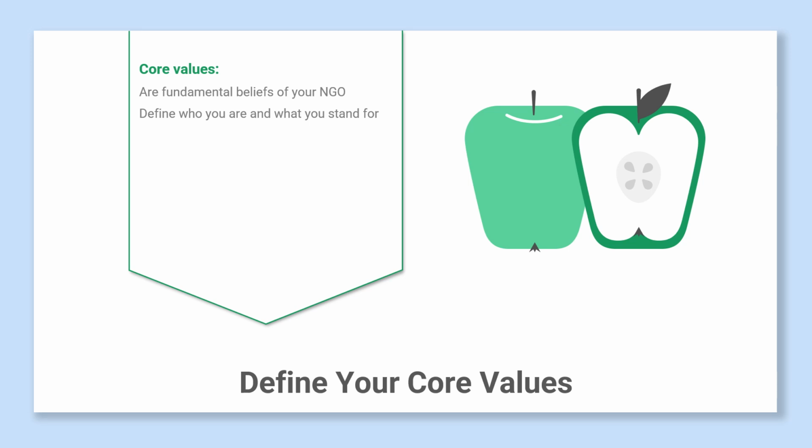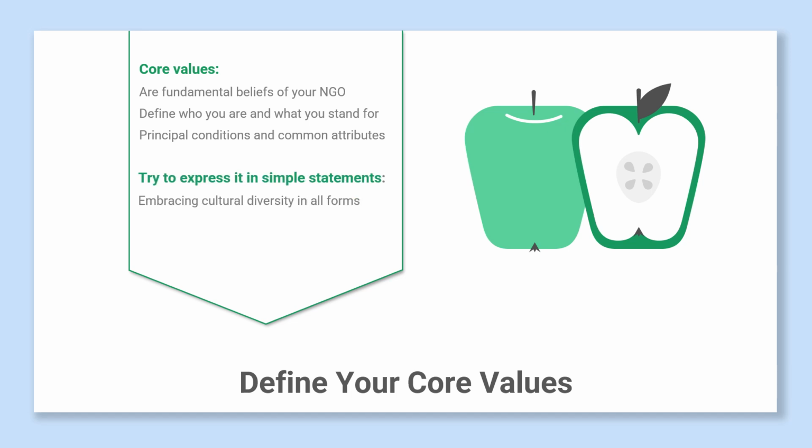When identifying and defining your core values, try to reflect upon the principal conditions and common attributes upon which you and your colleagues base your work together. What brought you together, and why are you a part of the organization? Try to express it in simple statements. For example, embracing cultural diversity in all forms, safeguarding freedom of opinion and thought, communicating facts, not fiction.